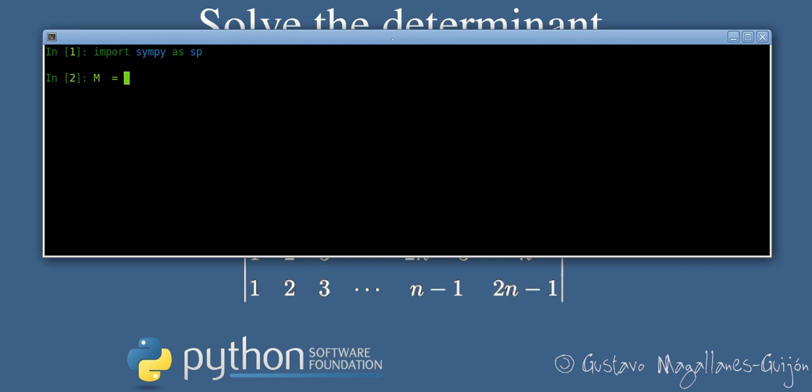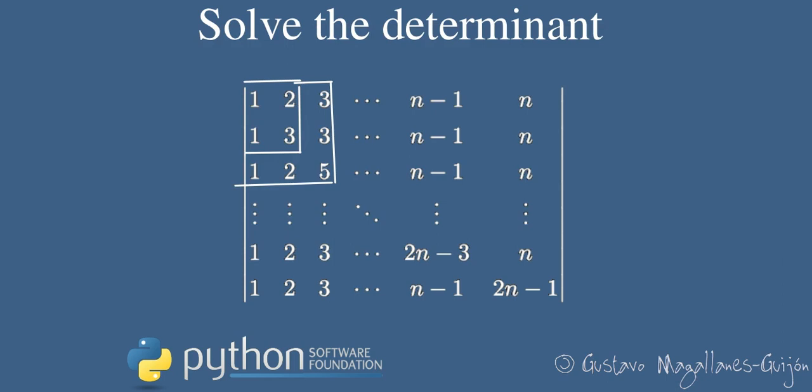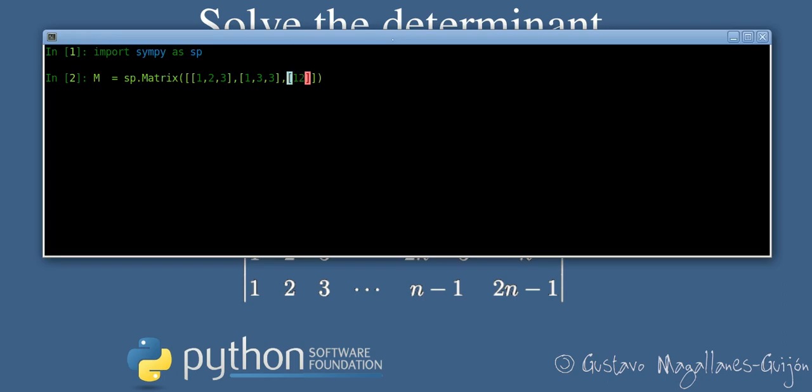It is sp.Matrix, and we need 3 rows: 1, 2, and 3, in this row is 1, 3, 3, and in this row is 1, 2, 5.